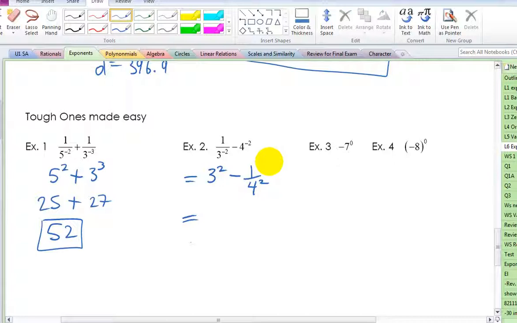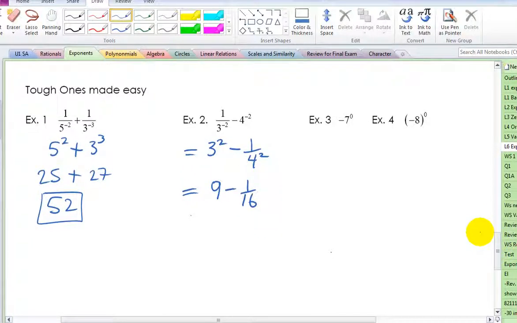So find the value of the powers. Who can do this one in their head? If you have 9 and you take away a little bit, that means you're going to have 8 left over. But how many sixteenths would be left if you took away 1? It'd be 15.